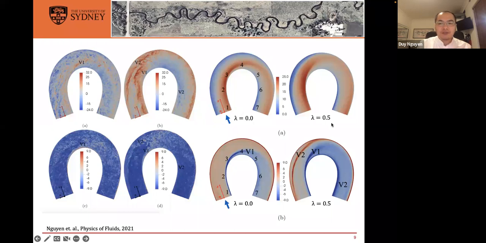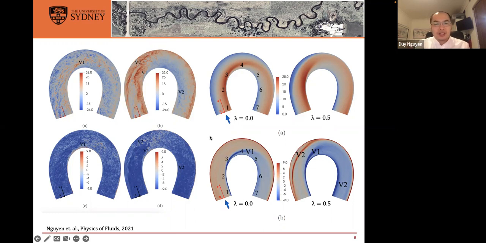For stratified flows, we turn on the buoyancy coefficient lambda, which equals 0.5. And for neutral flow, we turn it off, so lambda is 0. You can see the contours of temperature, vorticity, streamwise velocity, and here is the vertical vorticity.